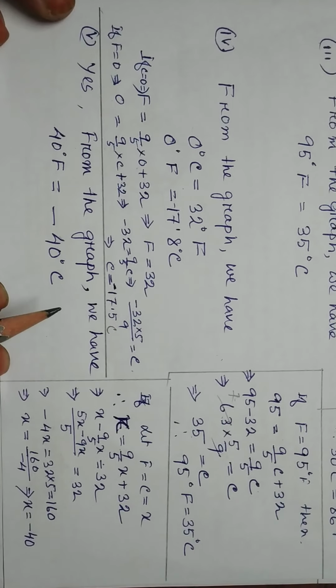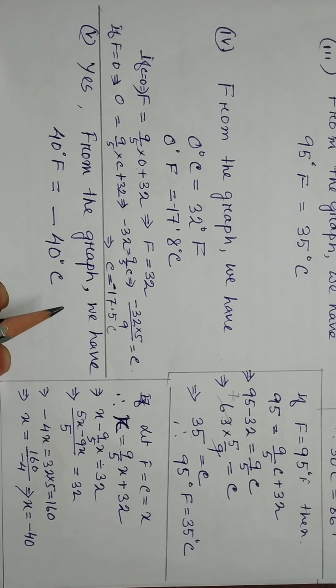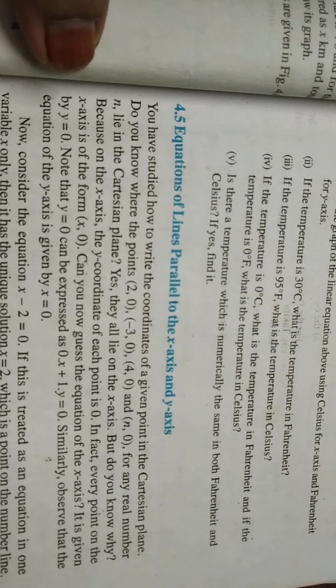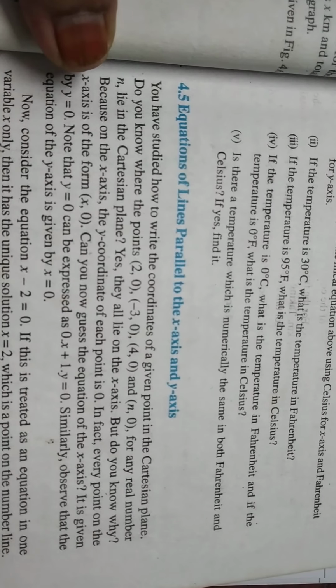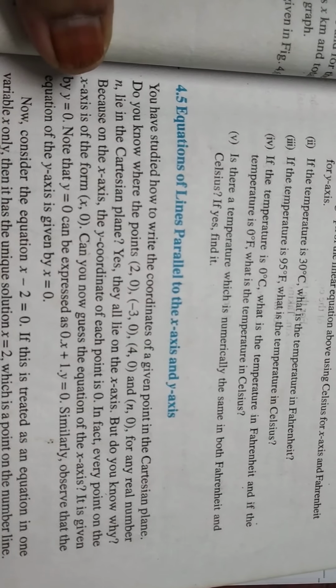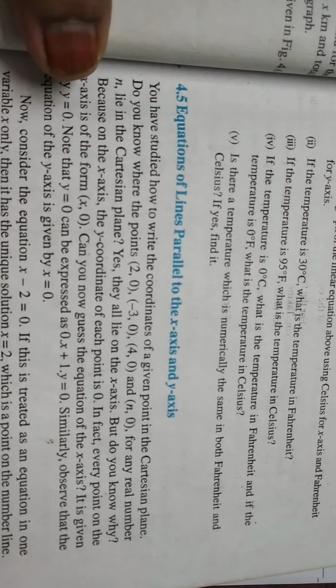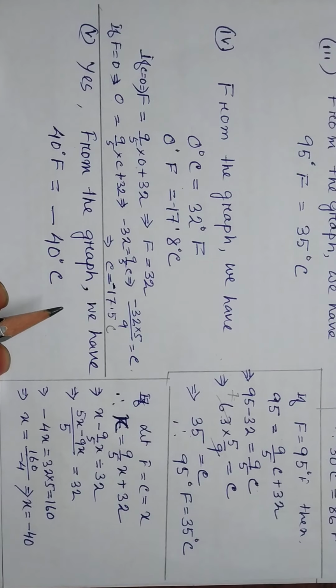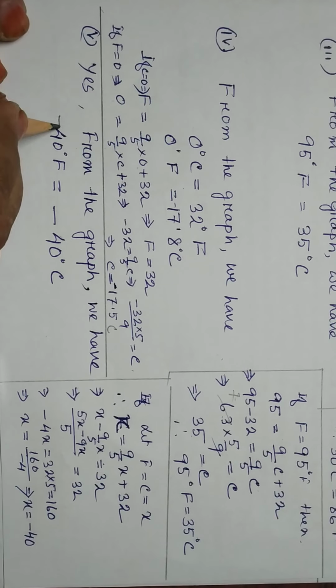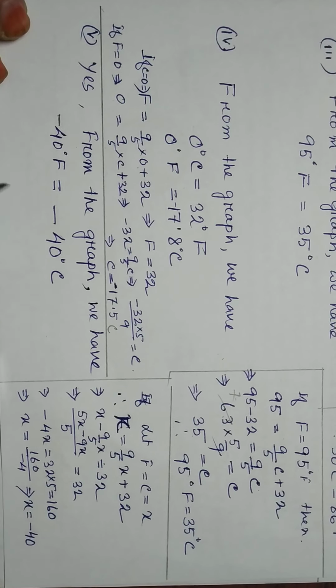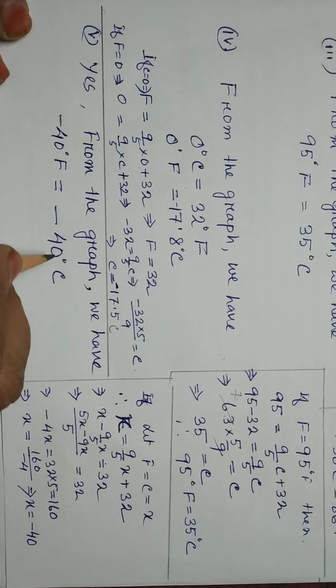Next question given here: numerically, is there a temperature which is numerically the same in both Fahrenheit and Celsius? If yes, find it. And graphically we have already found this one, minus 40 degree Fahrenheit is equal to minus 40 degree Celsius.